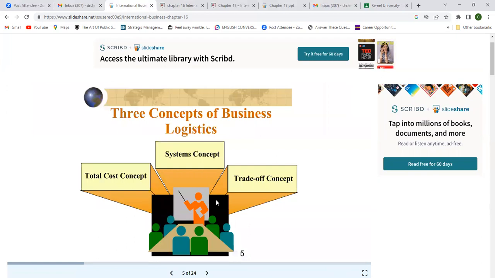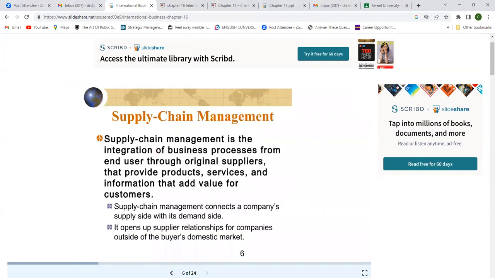We have three concepts of business logistics: the total cost concept, the systems concept, and the trade-off concept. Supply chain management is the integration of business processes from the end user through original suppliers that provide products, services, and information that add value for customers.